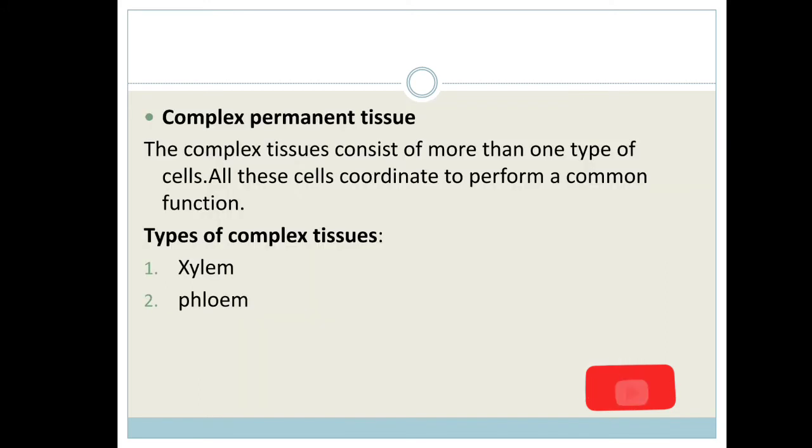Now let us know about the complex permanent tissue. This complex permanent tissue consists of more than one type of cells, and all these cells coordinate to perform a common function. There are two main types of complex tissue, that is the xylem and the phloem.